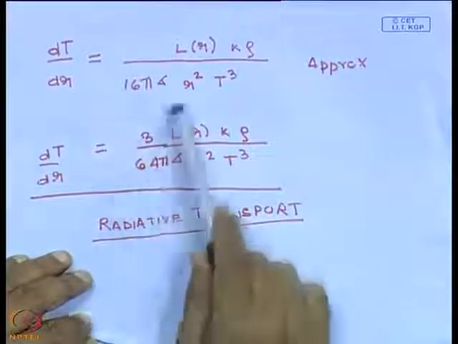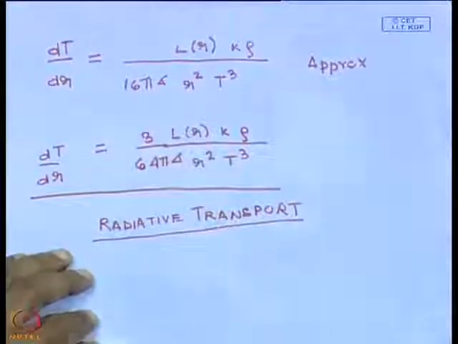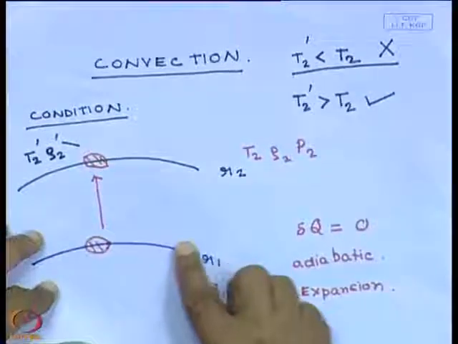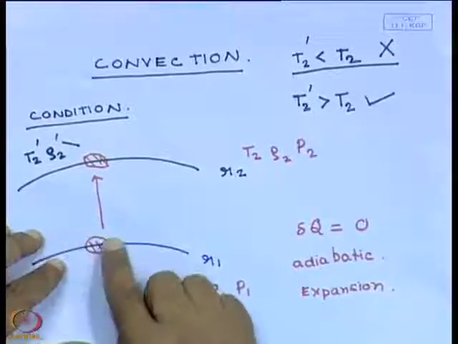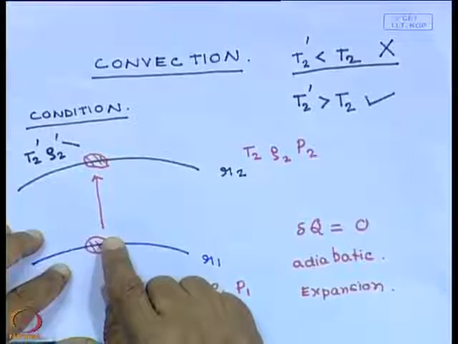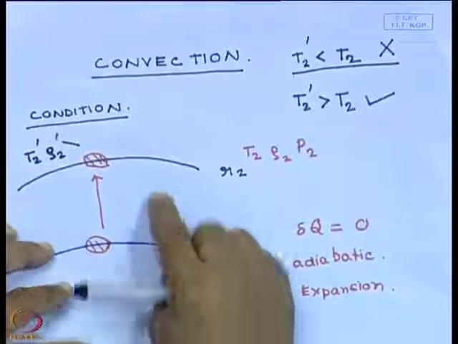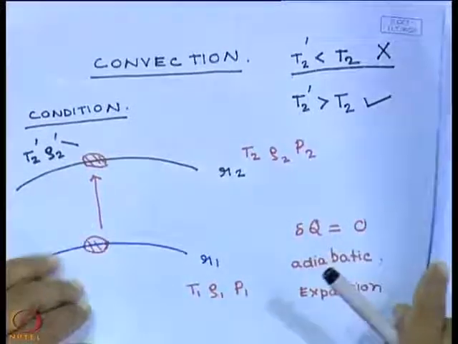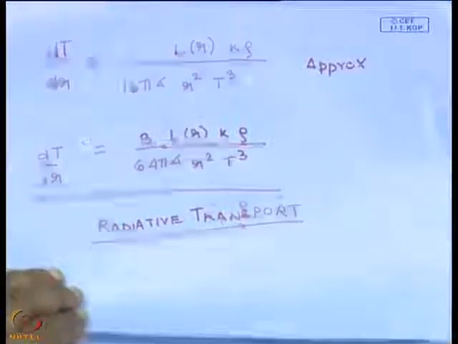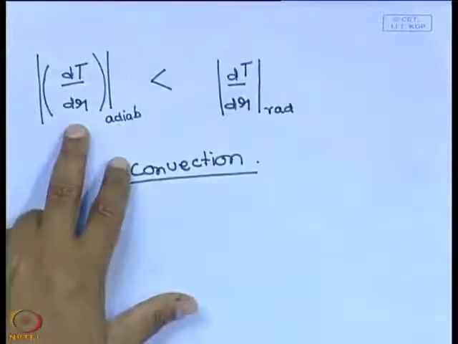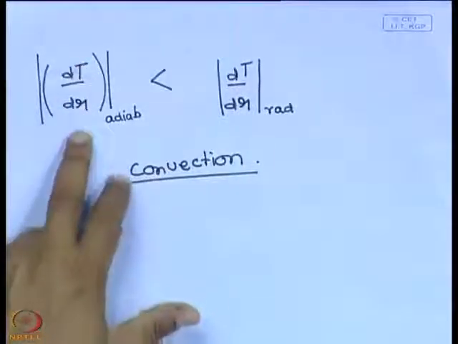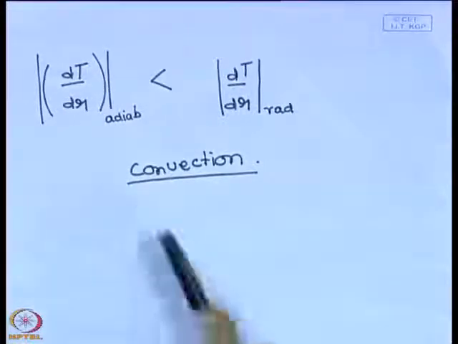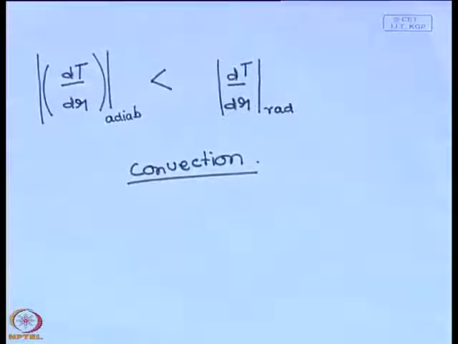And so what happens is that if the luminosity at this point becomes so large that the required temperature gradient exceeds the adiabatic value, the temperature gradient due to adiabatic expansion, then you have convection setting in.